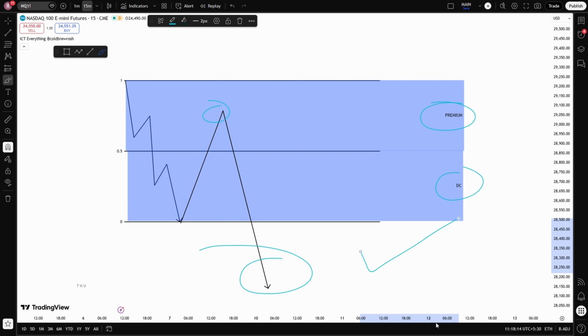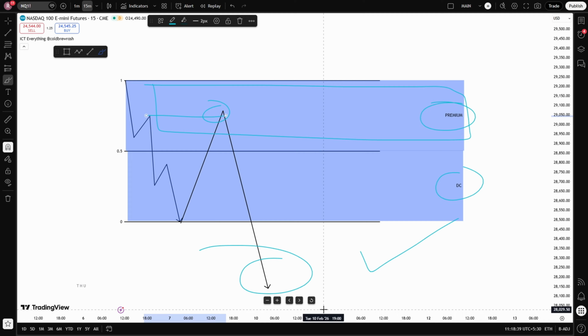When price pulls back into a premium range during a downtrend, and we see sell orders getting filled from that area, and price pushes back below equilibrium, what can we assume? We can assume that selling pressure has been confirmed and price is likely to continue moving lower. This is because premium pricing gives market participants an optimal area to enter short positions to continue the existing downtrend.